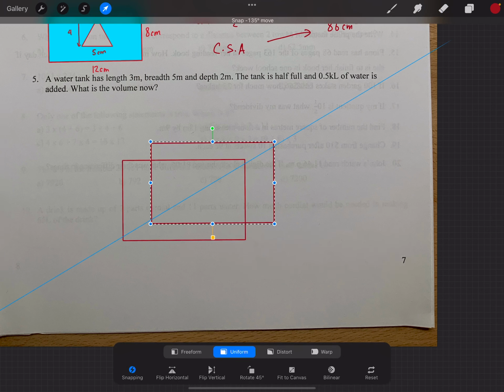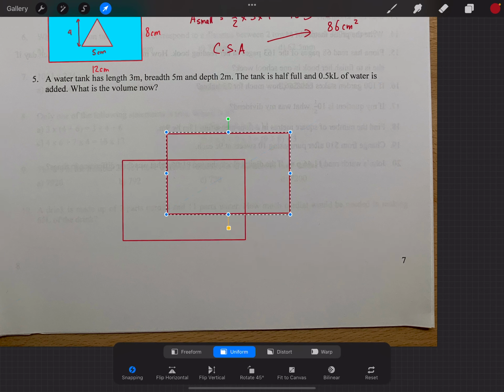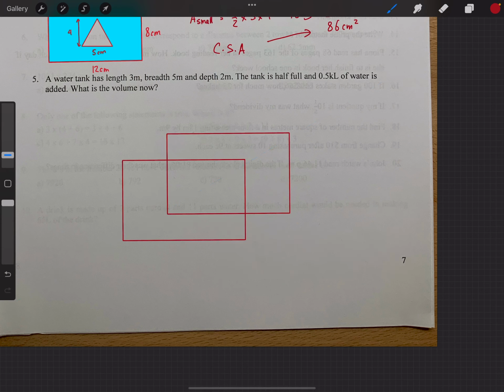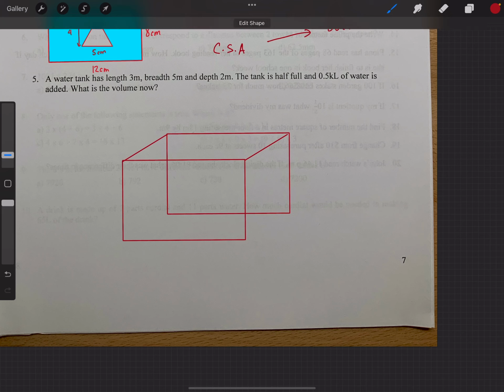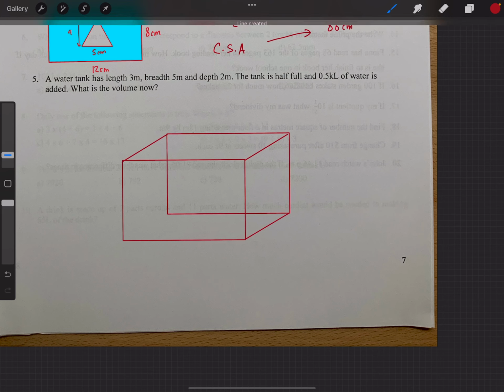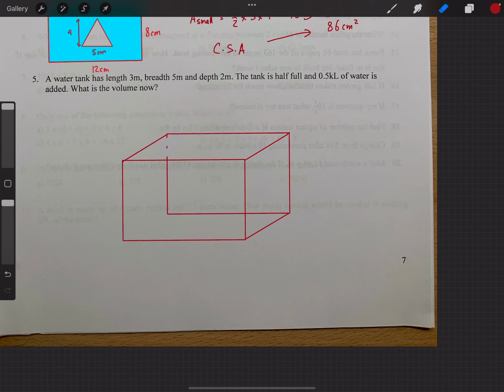Duplicate. So this one like this. Okay, this rectangular prism is actually looking pretty nice. Now let me just do this.